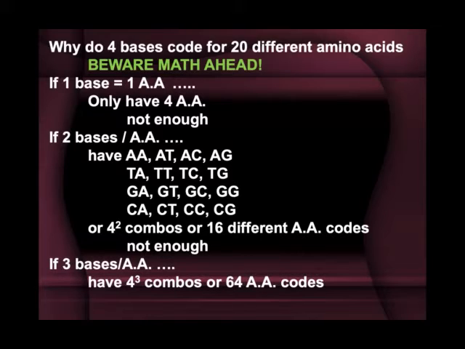With 3 bases, we have more than enough codes, which is okay, because if you have 2 codes with 2 bases the same and a third that is different, they can still code for the same amino acid. That's good, because if there's a change in the one base that's different, it may not code for a different amino acid.